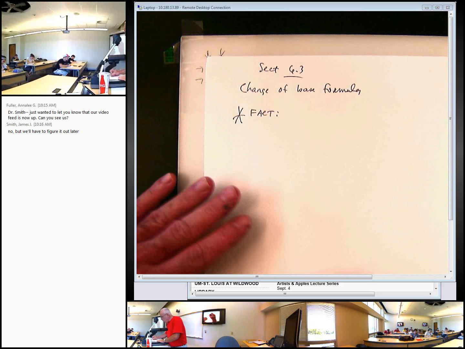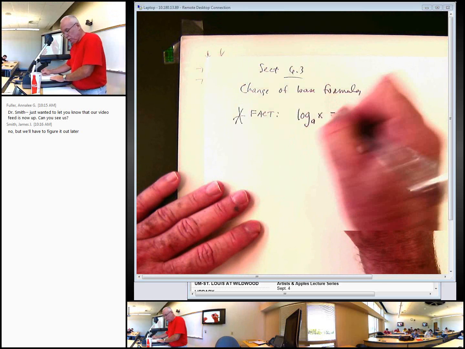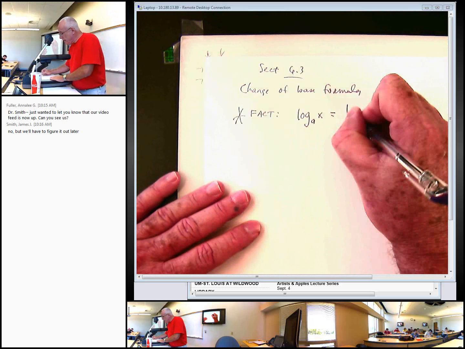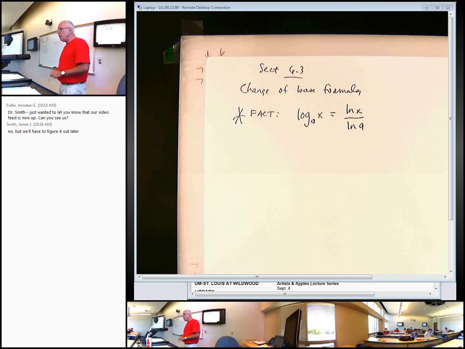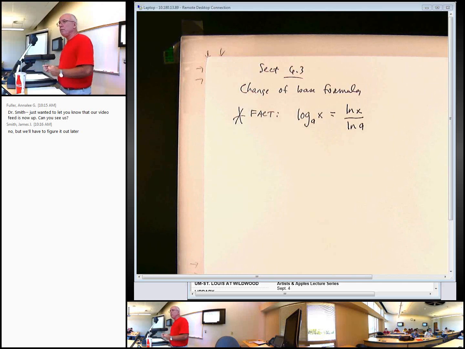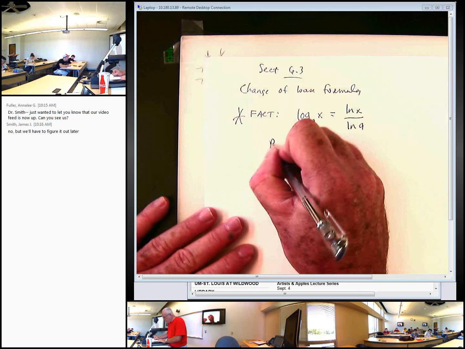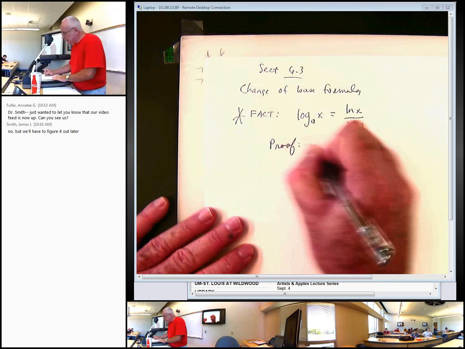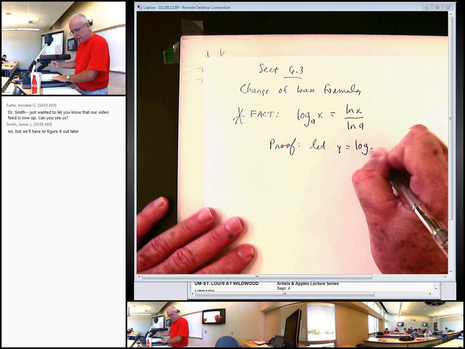The log base A of x is equal to the natural log of x divided by the natural log of A. All right. And I'll even do a quick proof of this to show why this is the case. Proof. Let's say the variable y equals log base A of x.